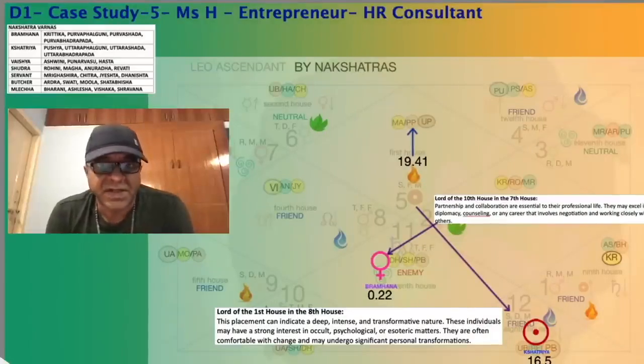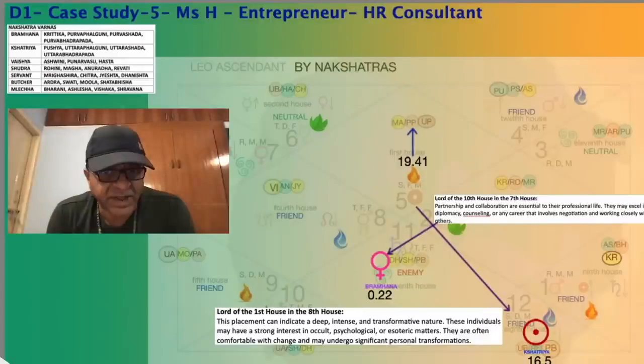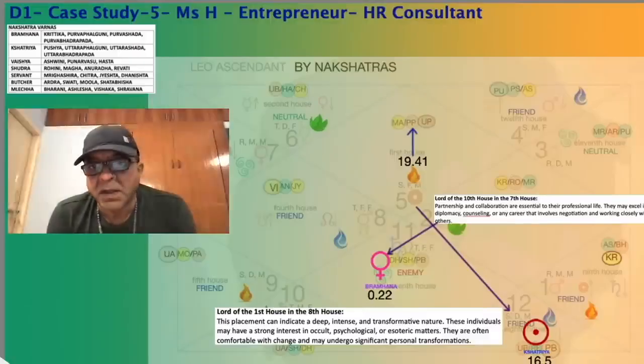Okay, so her ascendant is Leo in 19.41 degrees of Purva Falguni Nakshatra, and her 10th lord, therefore, becomes Venus, which is in the sign of Taurus, and the Venus is sitting in 0.22 degrees of Dhanishta Nakshatra, and the ascendant lord is now Sun.